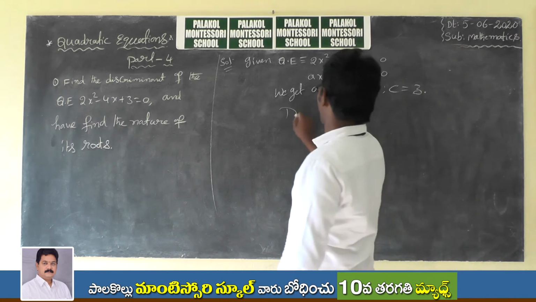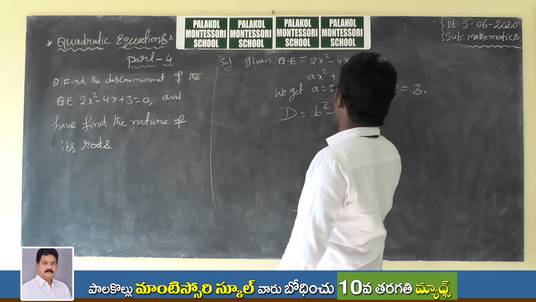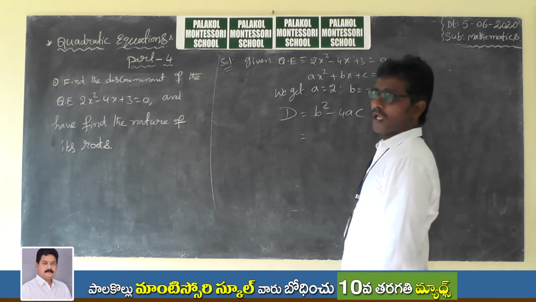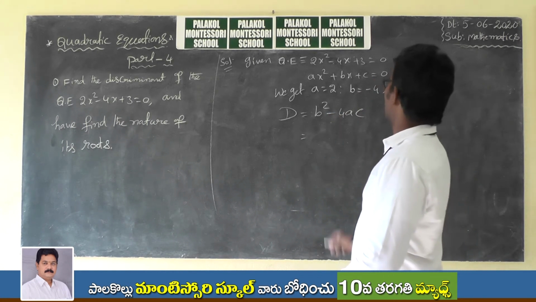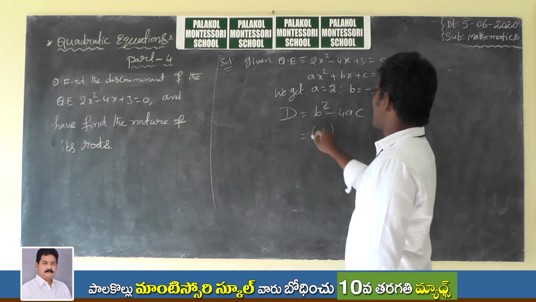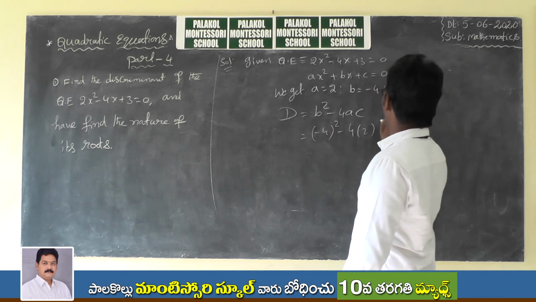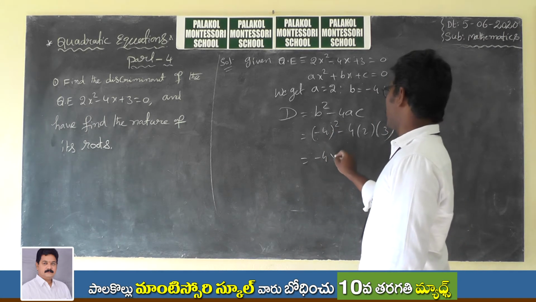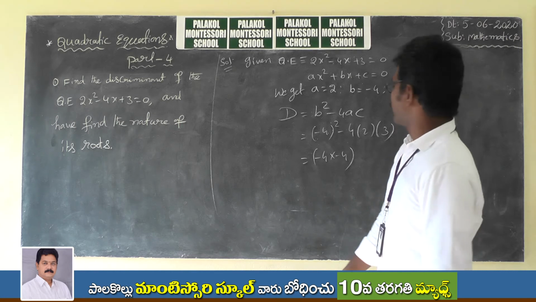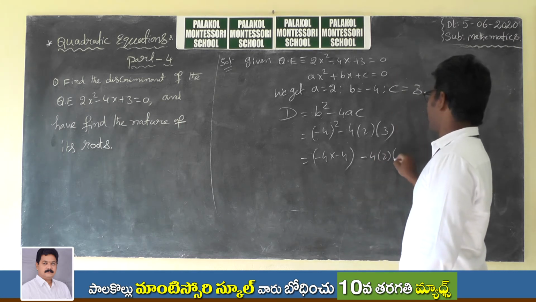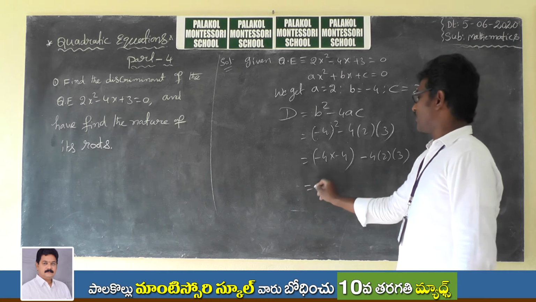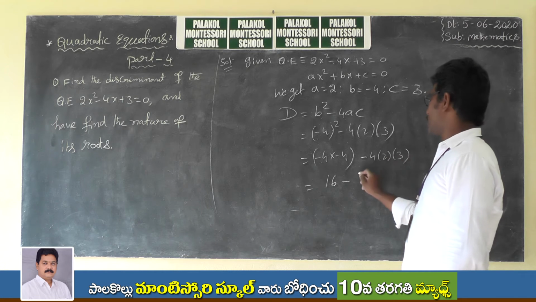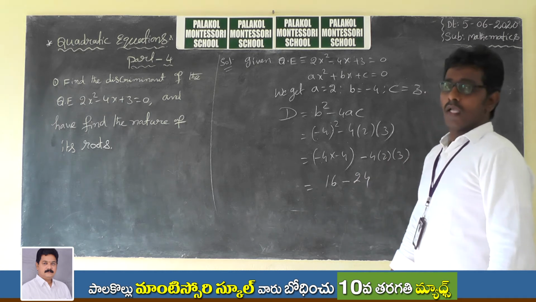Now you find the discriminant D is equal to b square minus 4ac. Substituting the values: minus 4 whole square minus 4 into 2 into 3. Minus 4 whole square means you write that number two times: minus 4 into minus 4 minus 4 of 2 of 3. Minus into minus is plus, 4 4s are 16, minus 4 2s are 8, 3s are 24.